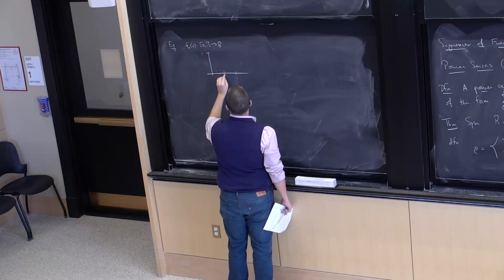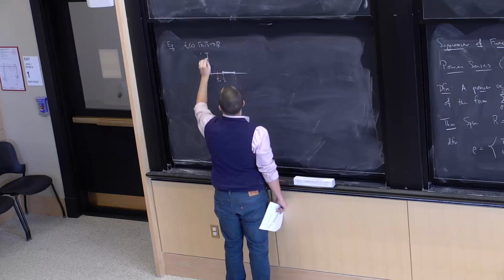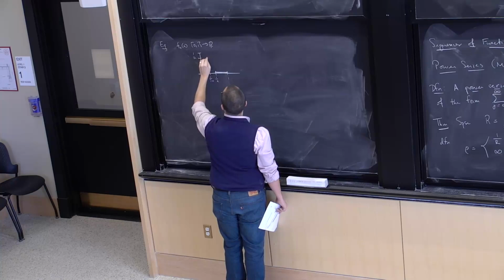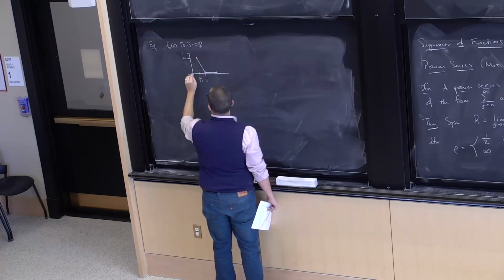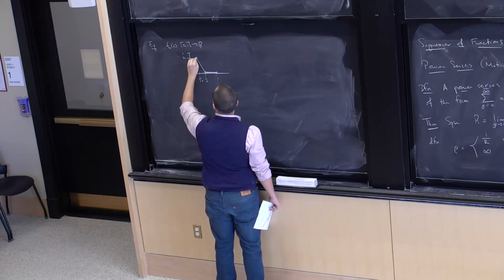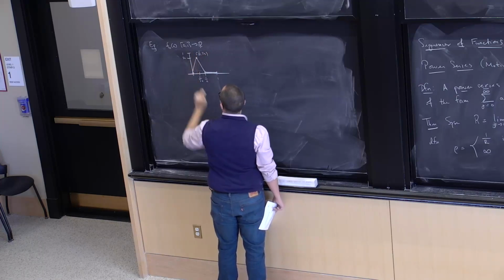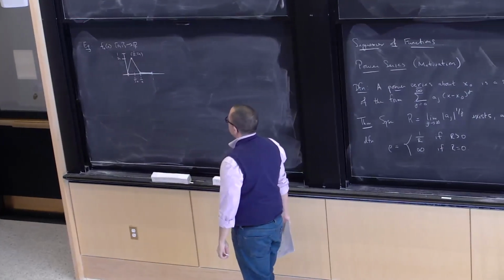And what I do is I go to the point 1 over n, and the function fn of x is 0 up until then. And then it's a linear function connecting 1 over n to 2n here. And then it connects this point, 1 over 2n, 2n, to the origin. Okay, so that's fn of x.